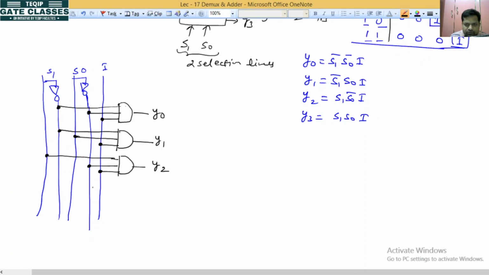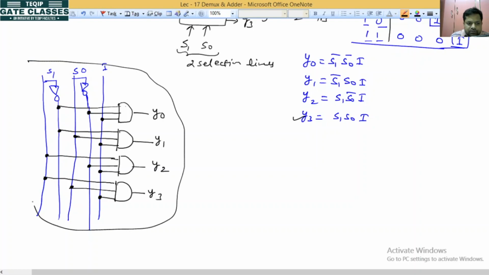Similarly, Y3 is S1 S0 I: S1 you get from here, S0 from here, and I from here, and it is connected. It is going to give you Y3.